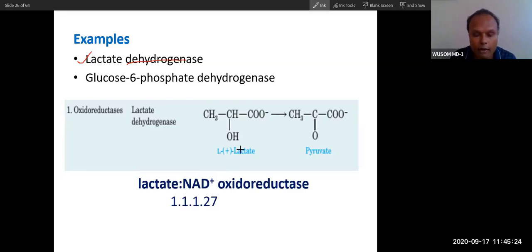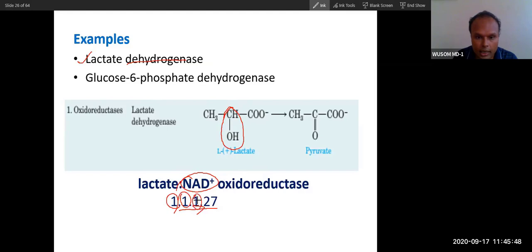You can see the alcohol is the donor here, and the acceptor is NAD. NAD extracts the proton from this.